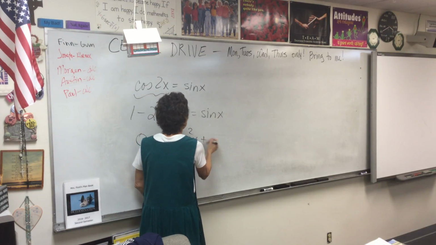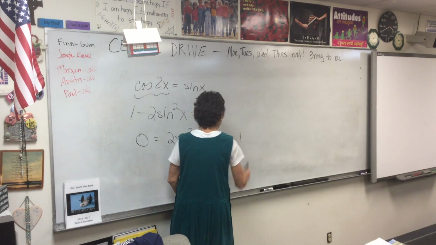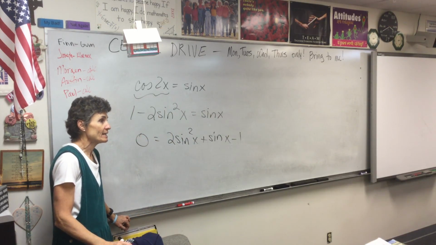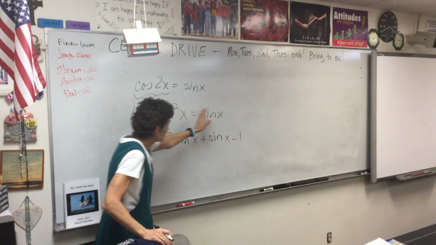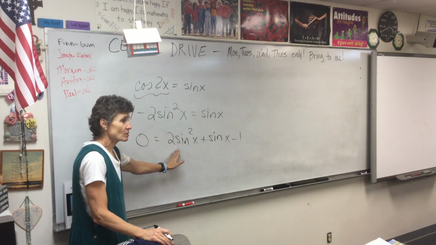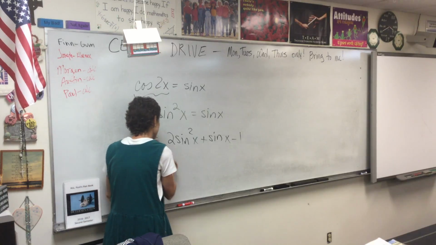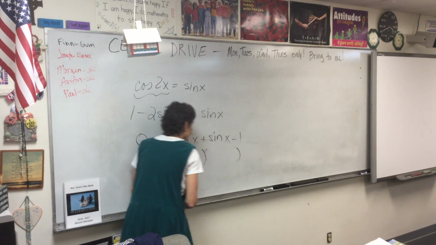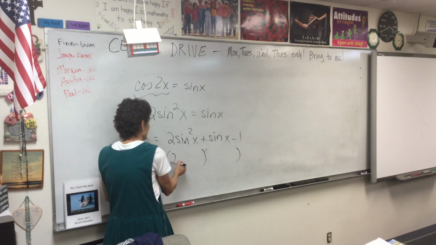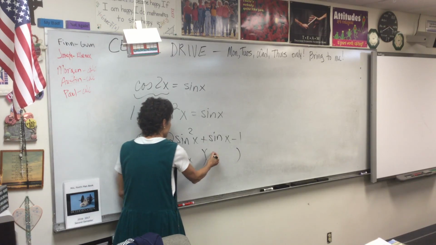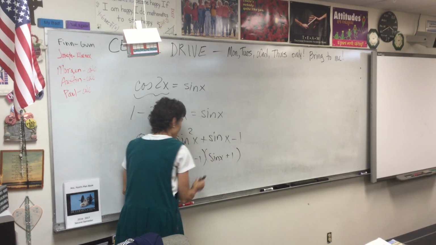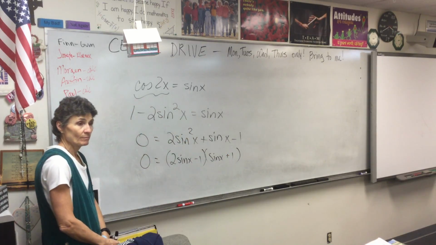It factors. This is a quadratic equation, so I moved everything over to get it set equal to 0. Can you see how it factors? Negative 2 and 1. Right. So I'm going to have a 2 sine and a sine, and a +1 and a -1.